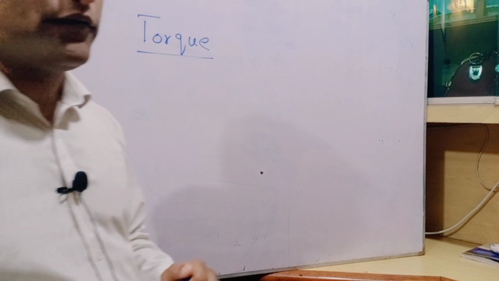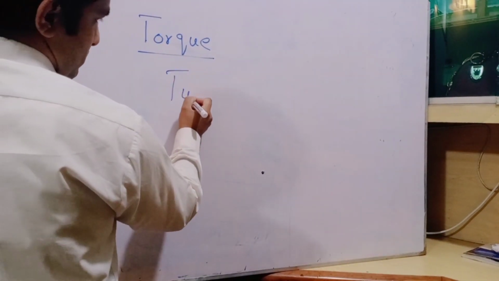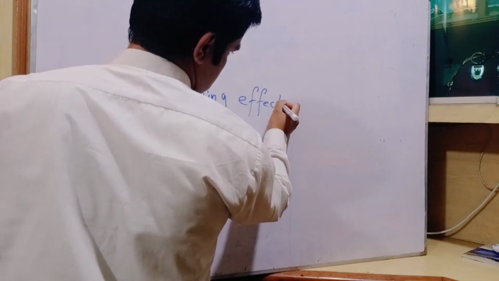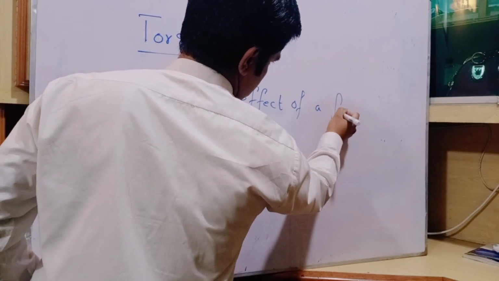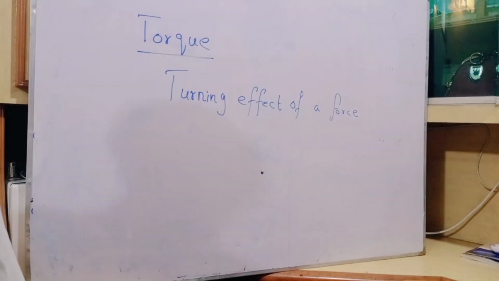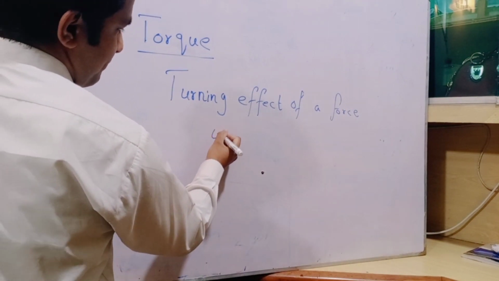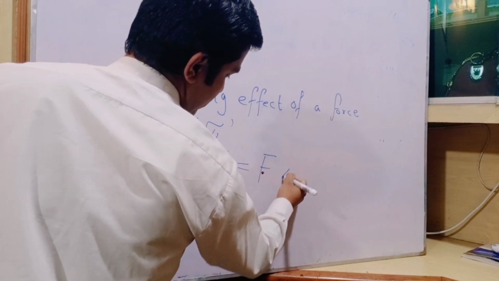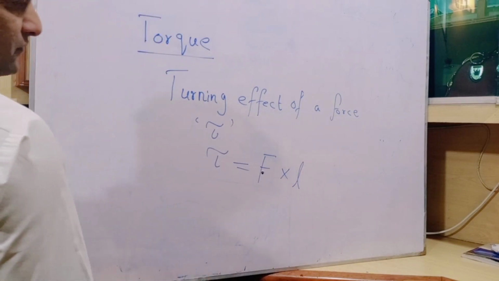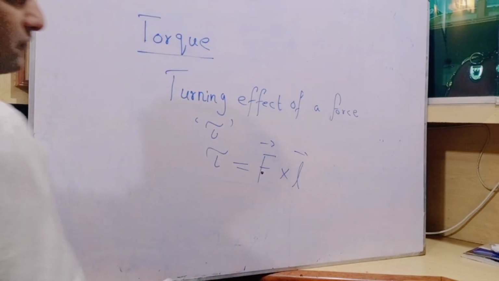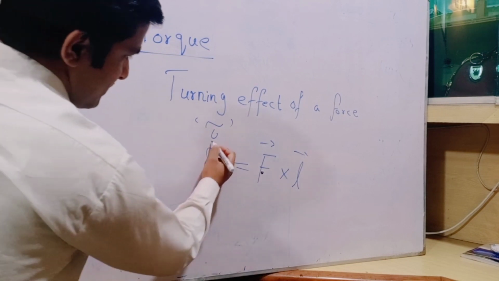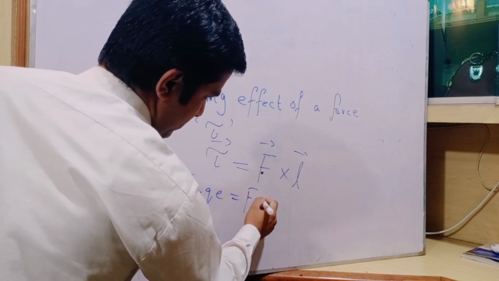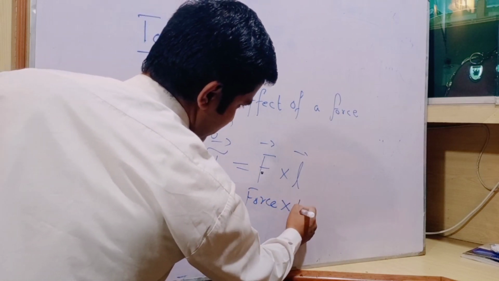Torque is a turning effect of a force. It is denoted by the symbol tau, and tau is written as F into L. So we can write torque is equal to force multiplied by moment arm.